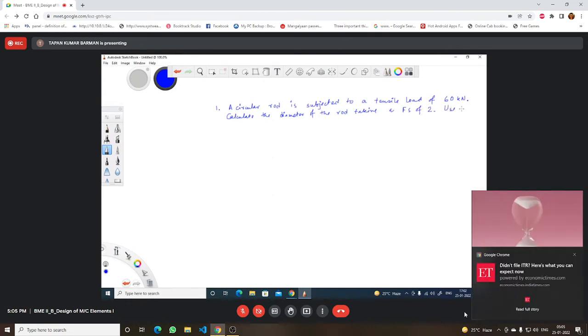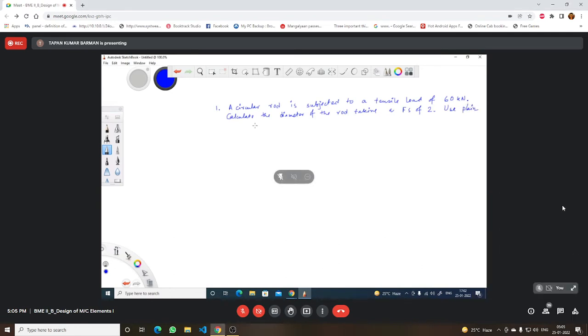Use plain carbon steel as the material. Say yield point strength is 340 MPa.